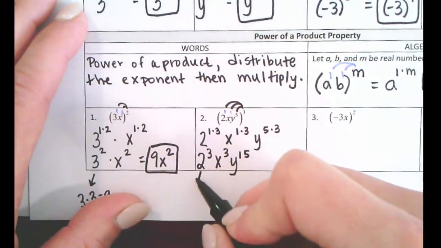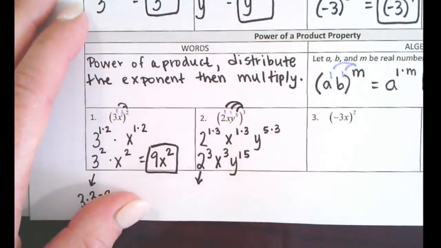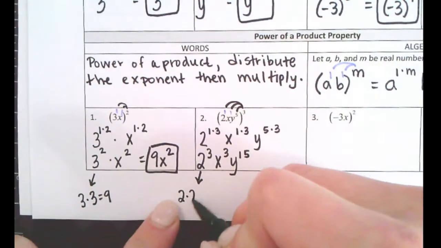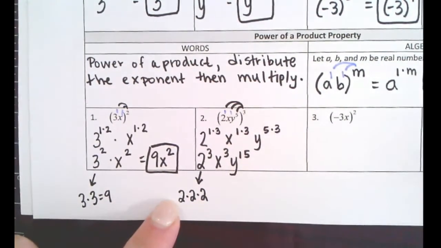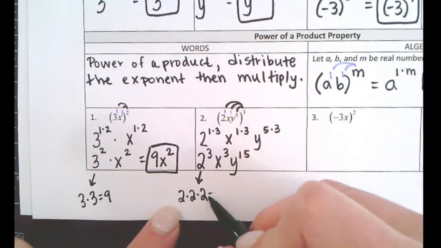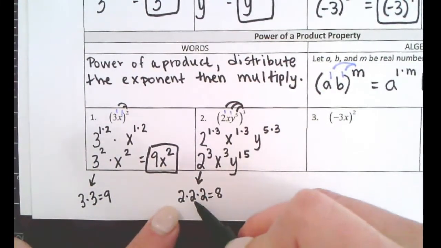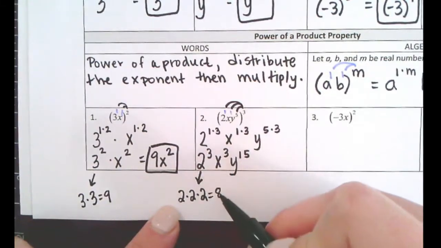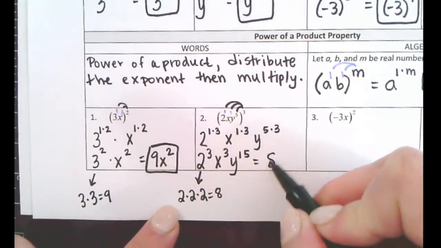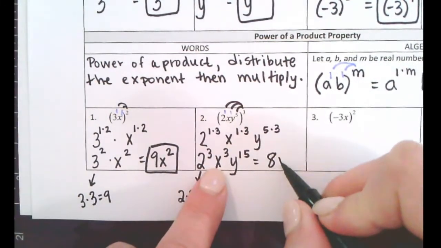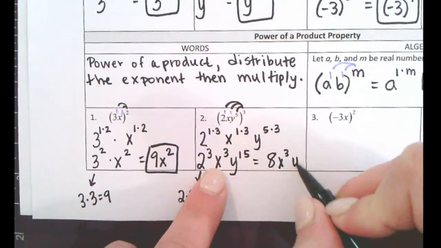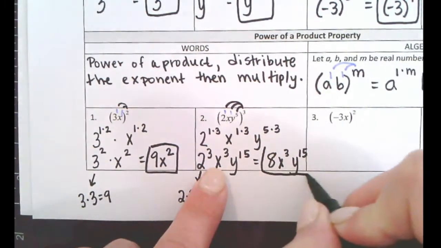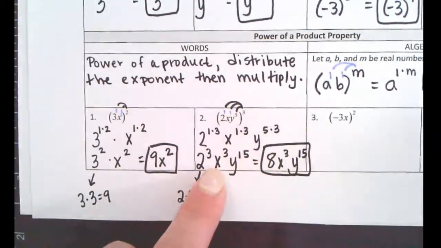I can simplify this number a little bit further. Expanded form of 2 cubed is 2 times 2 times 2, or 8. 2 times 2 is 4, times another 2 is 8. So 2 cubed gives me a value of 8. And then I have x cubed y to the 15th. This is fully simplified.